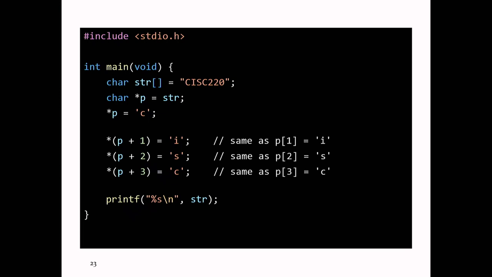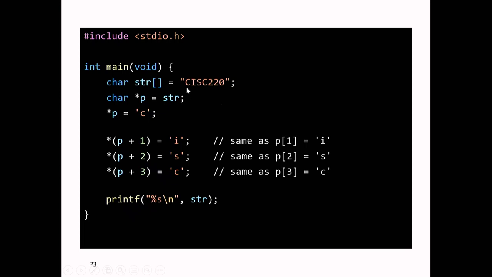Now, how do I get to the I? If I want to change that I, I could write str[1] equals something. Or I can take that pointer p and add 1 to it. When you add an integer value to a pointer, if I add the value 1 to p, that goes to the next element in the array.